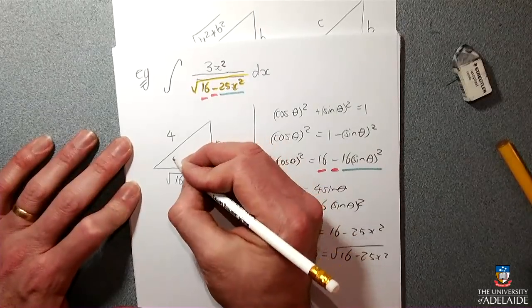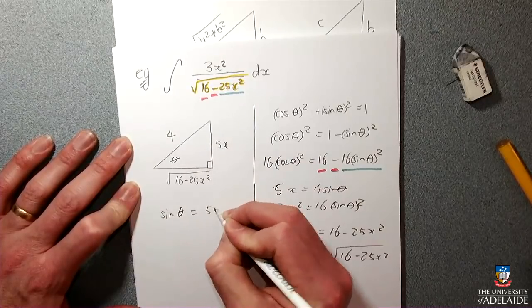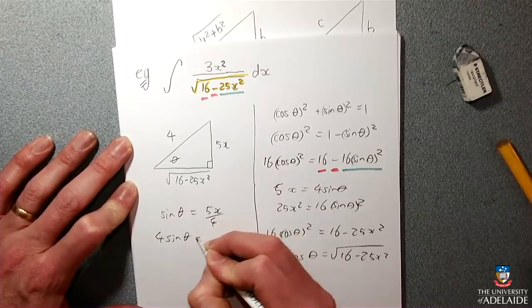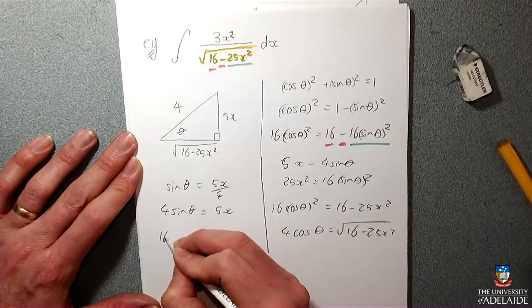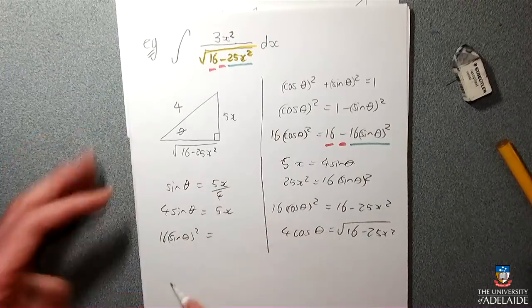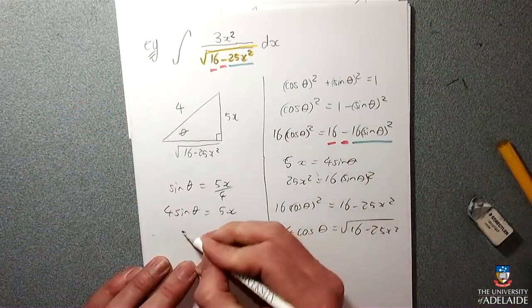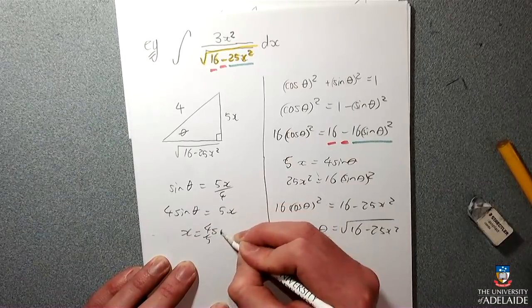So if I put my theta here, then I will get sine theta is 5x over 4. And so 4 sine theta is 5x. And so 16 sine theta squared. We don't necessarily need all of this, we can just run with that. And so the x is 4/5 of sine theta.